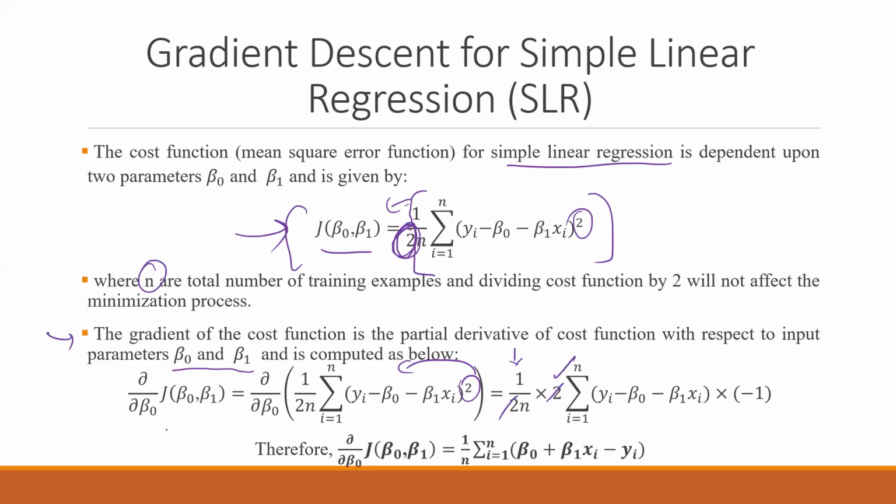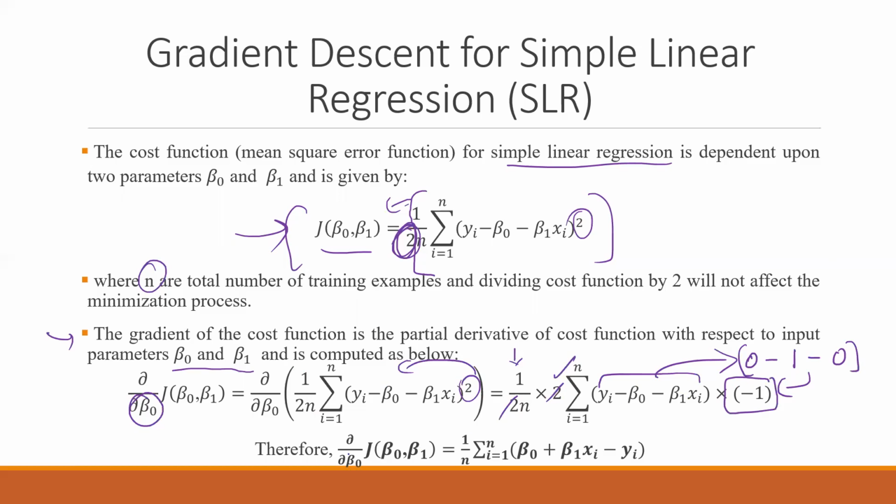Now, because we are differentiating with beta naught, yi will become 0 because it does not have beta naught, this one will become 1, and again this one will become 0. That's why this part gives me -1.